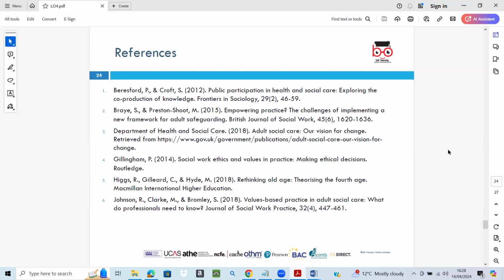We always need to follow the policy guidelines, whether it's organizational values or professional values, professional policies, organizational policies, or national policies. We always need to adhere to the professional policies, laws and regulations which are related to the organization or the sector we are working in.